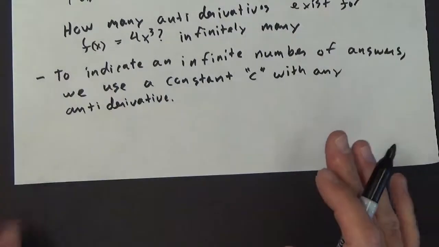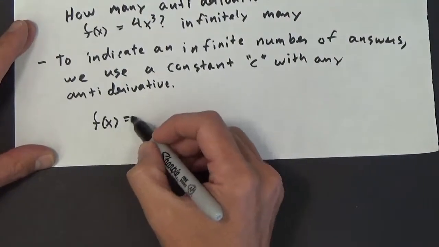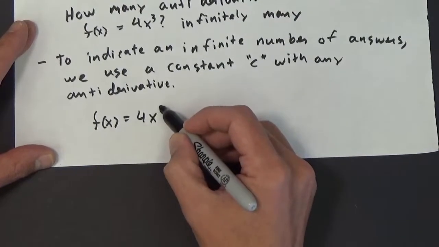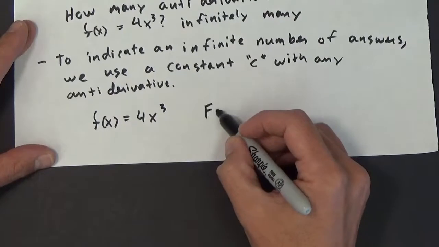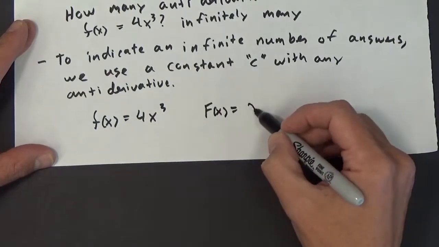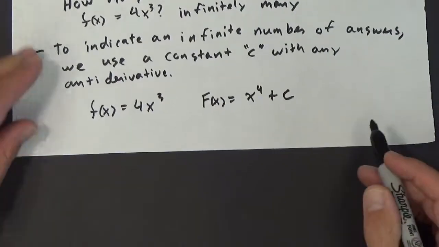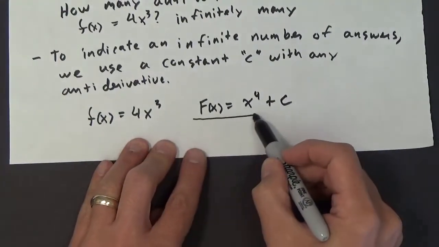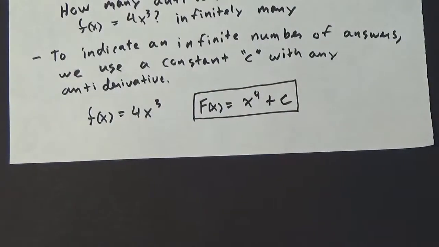Okay, so when we have f of x equals 4x cubed, then we can say capital F of x equals x to the fourth plus c. And so this would actually be our final answer with that antiderivative.